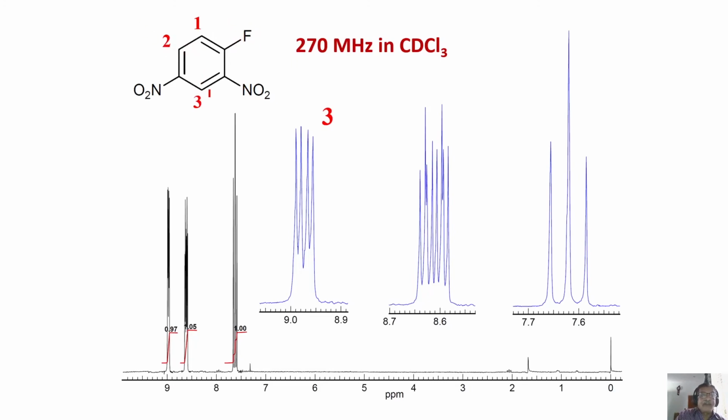This fluorine will have a 3 bond, meta coupling to this proton. Similarly, this proton has meta coupling to this proton. But the coupling strength need not be the same. The coupling strength could be different. As a consequence, first this splits into a doublet, and further this splits into a doublet. So you are going to get a doublet of doublets because of different coupling strengths.